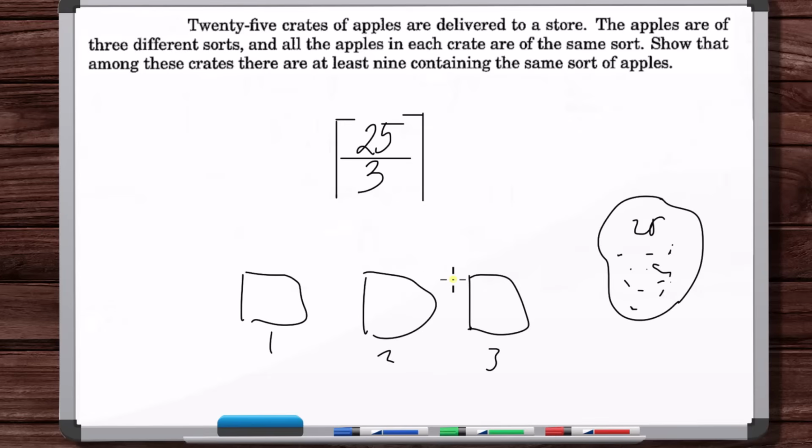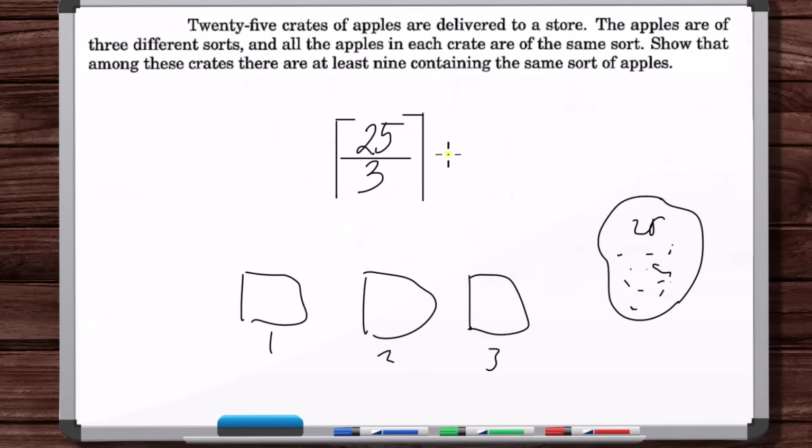Once you're done, because each crate has to go in a pigeonhole, one of the sorts will have 9. So there's going to be 9 crates in one of the sort boxes at the very least. Could be more, you could even have all of them be the same sort, but at the very least you're going to have 9.